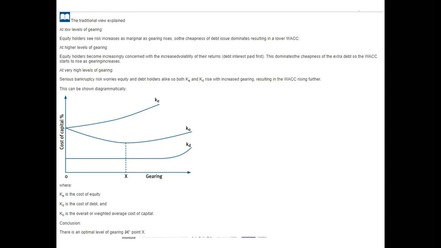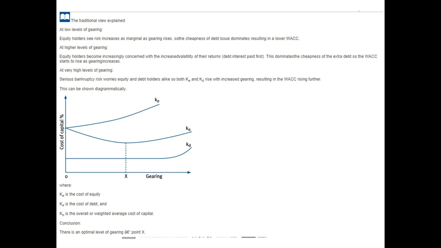At a very high level of gearing, the serious bankruptcy risk worries equity and debt holders alike. Both cost of equity and cost of debt rise with the increased gearing, so the weighted average cost of capital rises further. So we can look at the cost of capital and the gearing.